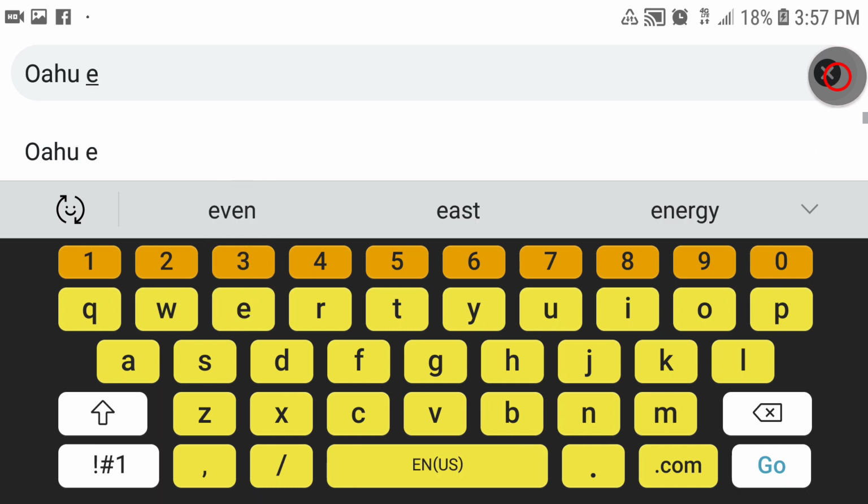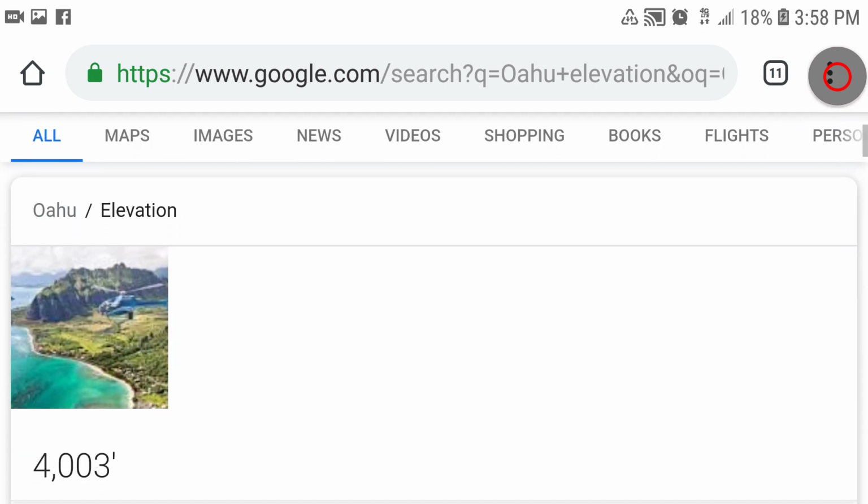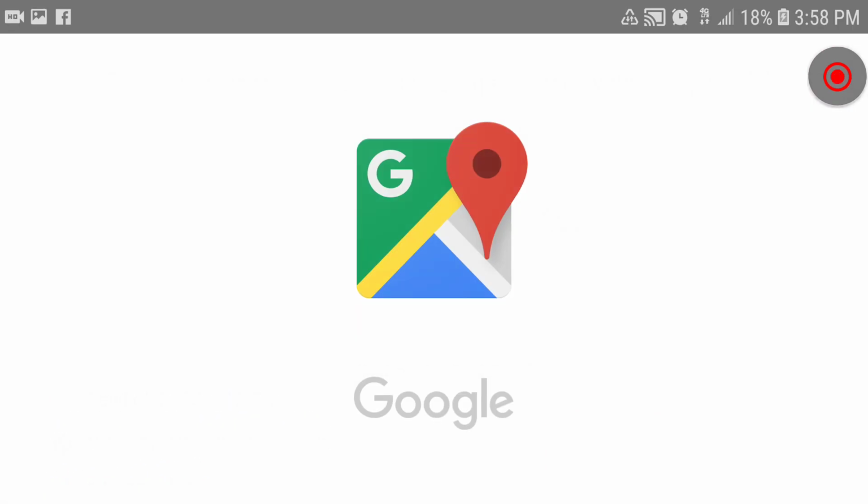And then we're just going to go back and recap. Um, 4,000 feet elevation. By the way, let me show you where Oahu is compared to Kauai.